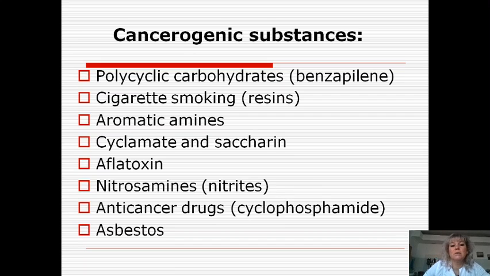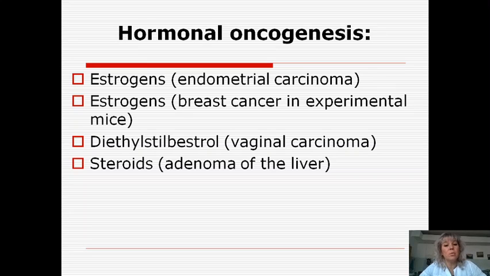There are carcinogenic substances, and maybe hormonal oncogenesis, by chemical or hormonal substances. An increased amount of some hormones can lead to cancer in some organs.